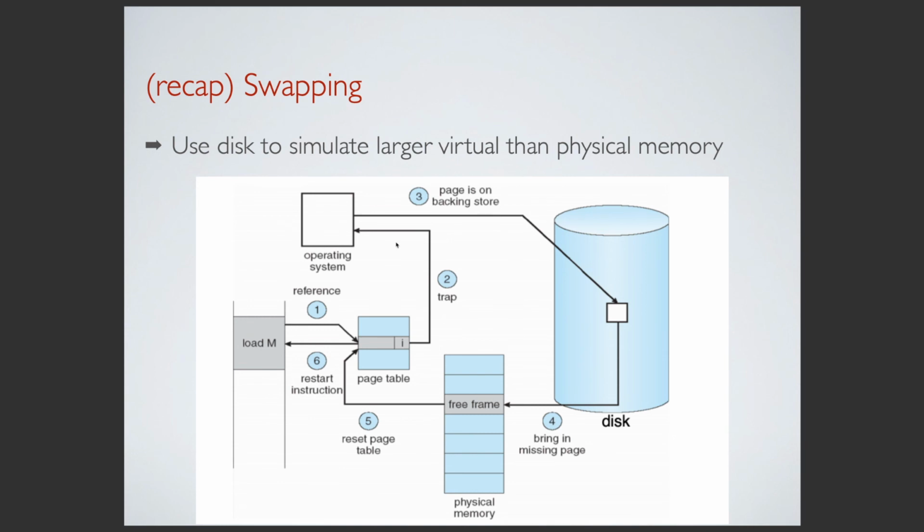So here we send a trap. Trap means an interrupt, and it tells the operating system, hey, I need a page that is not in memory. Okay, fine. I'm going to fetch the page from disk and put it back in physical memory somewhere. Maybe in the process, I need to kick out some pages. I put it back there, I update the page table, and then resume the program, so now you can access it. That's the idea. That's why. But again, if you have enough memory and don't need to swap, no problem.